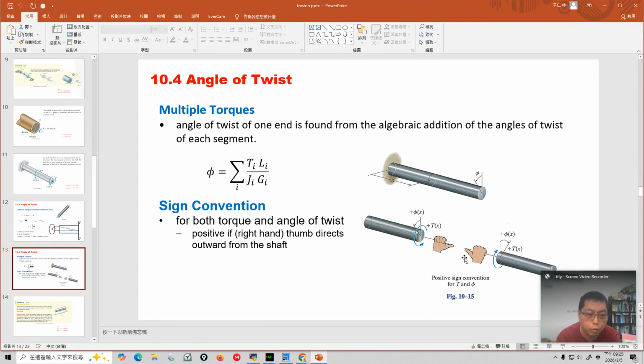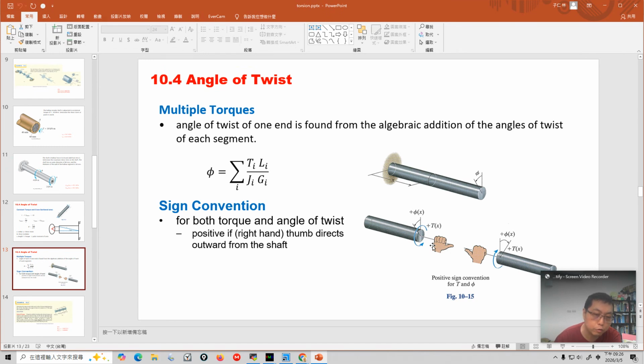Okay, if your torsion rotates in this direction and you use the right hand rule, it points outwards. That means positive. And here the torsion rotates in this direction, and you use the right hand rule, it's also pointing outward from the surface. So if the torque points outward to the surface, that means it's positive.